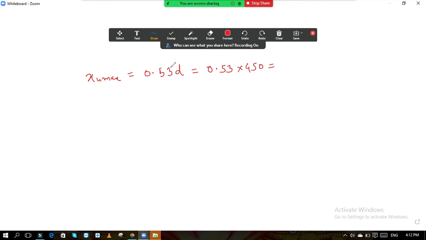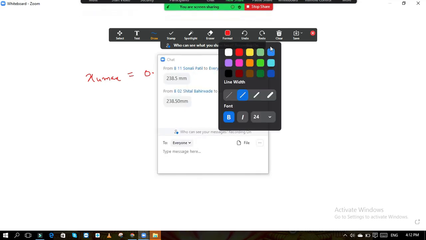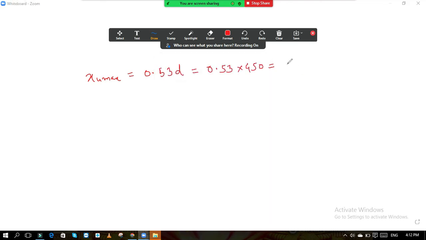What is the value? 238.5. Okay, it is 238.5 mm.